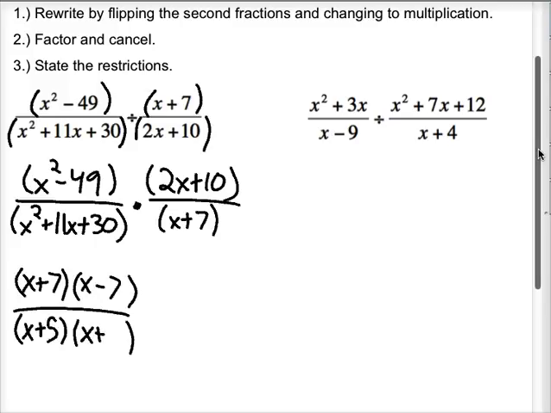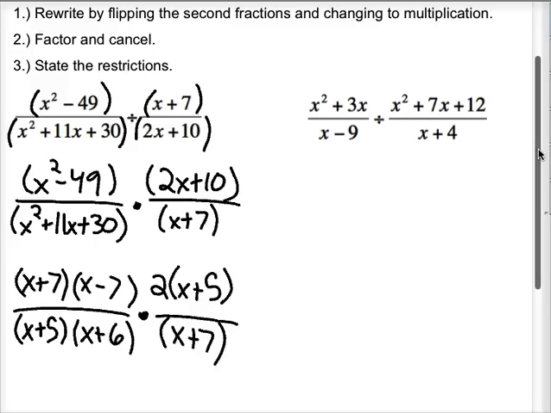So you use 5 and 6 to multiply to 30 and add to 11. Remember, when you're dealing with something linear, it means you just pull the 2 out and you're left with x plus 5. Then obviously x plus 7 can't factor in and of itself.